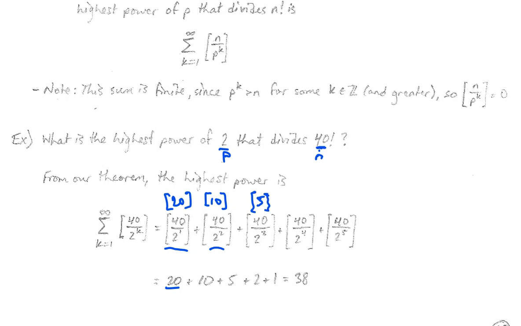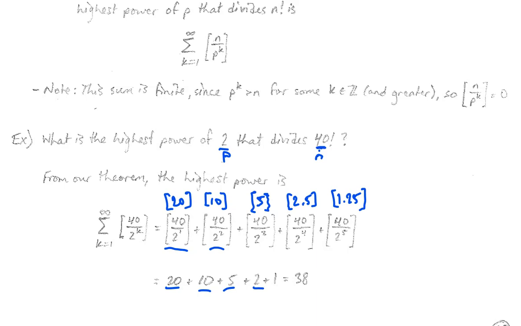So the floor of 5 is 5. 40 over 16, we said was 2 and change. Specifically, it is 2.5. So the largest integer that's less than or equal to 2.5 is 2. So we're just getting these terms down here. And then we said 40 over 2 to the 5th, or 40 over 32, is 1.25. And the floor of that is 1. So we add up these 5 numbers, and we get 38.